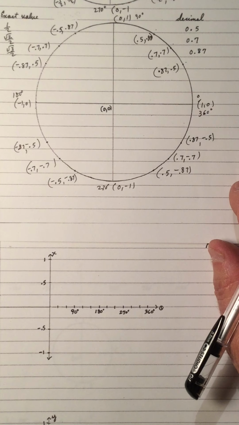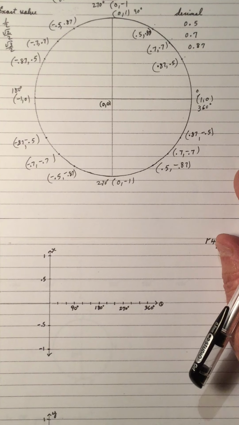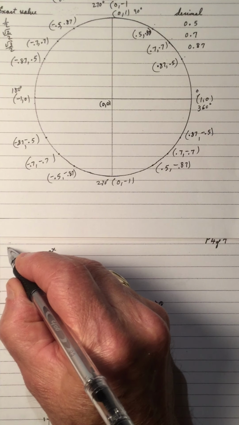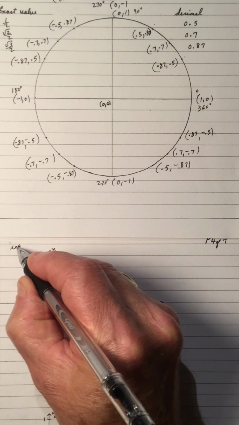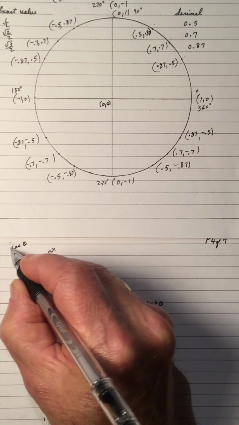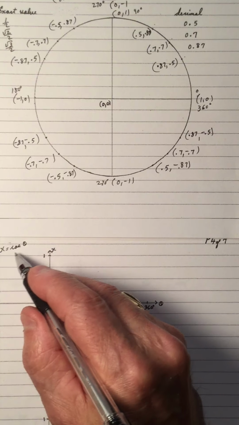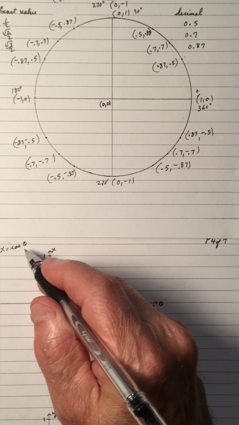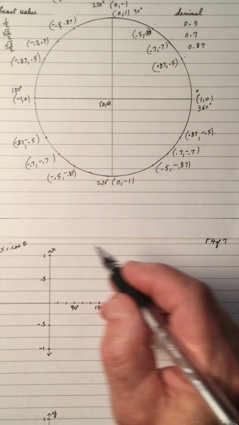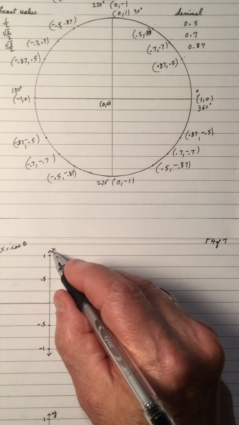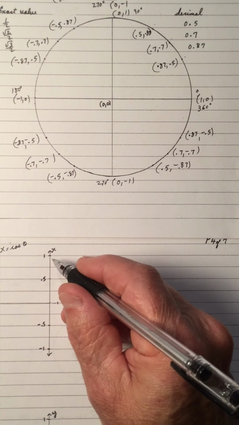Okay, I have it. So what I wanted to do is look at the graph of cos theta. And cos is in terms of the x. So a lot of teachers will put y equals cos theta, but technically speaking, it's the x. So it's the x in terms of cos. This is theta, and this is the x value.